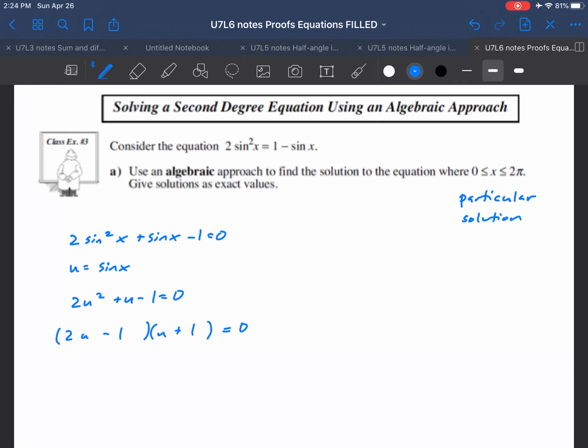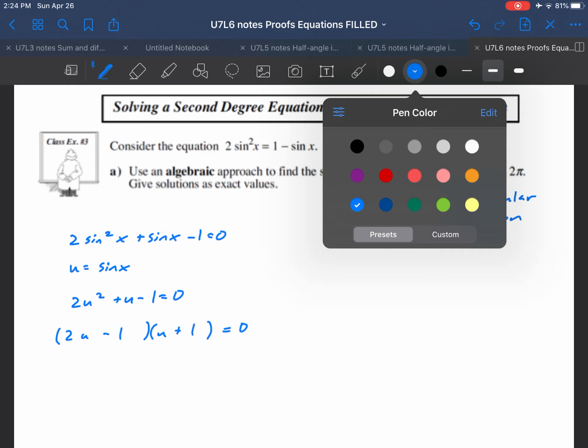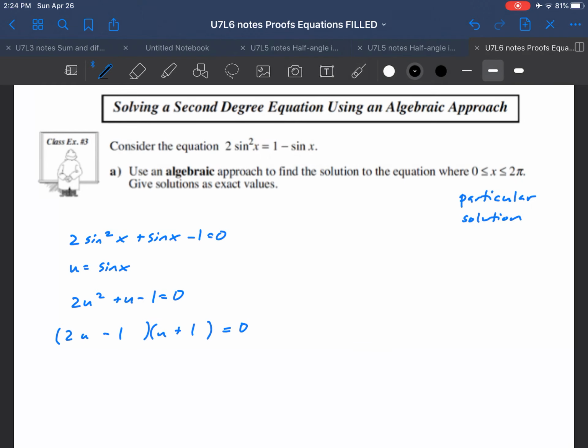Okay, so this means that u is equal to either a half or u is equal to negative 1. And our u was sine x. So this means that either sine x equals a half or sine x equals negative 1.